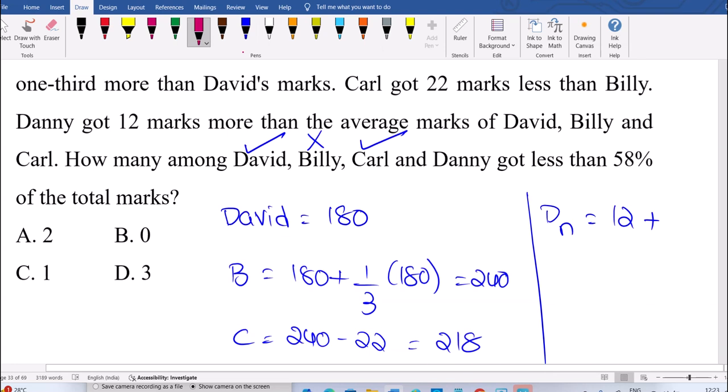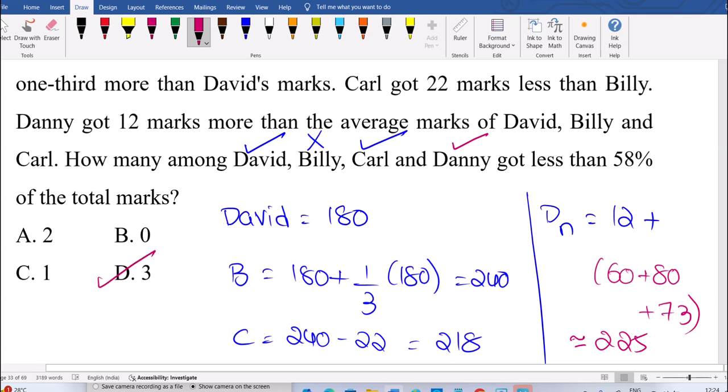Average means sum divided by 3. I can divide individually by 3 also. 60, 80, then 20, 218 divided by 3 is 72 point something, approximately 73. So 140, 213, and 12 more, approximately 225. So Danny is also less than that. So the answer is 3.